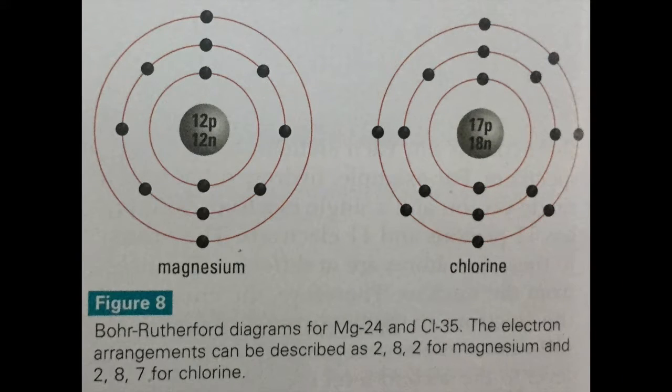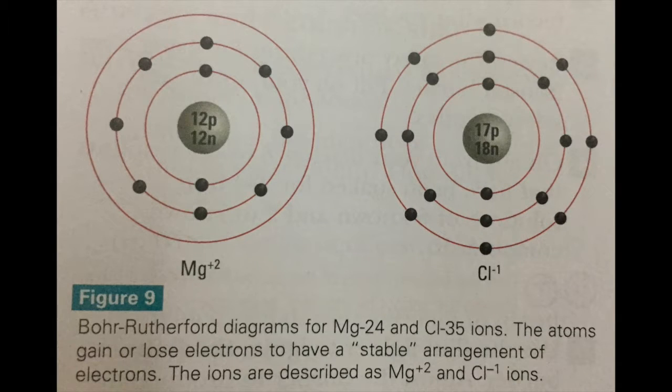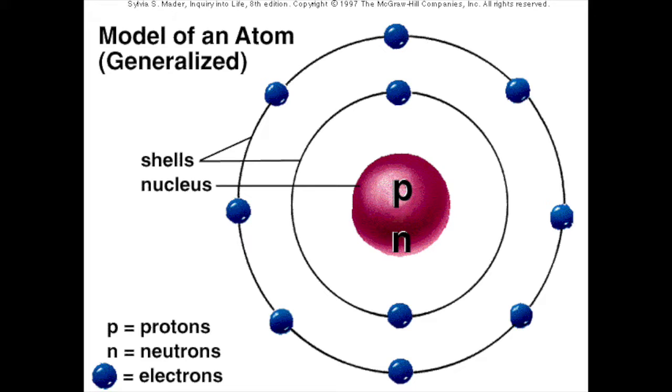A magnesium atom becomes an ion by losing the 2 electrons in its outermost orbit. The ion has 2 electrons in the first orbit and 8 in the second. It also has a +2 charge because it has 2 more protons than electrons.